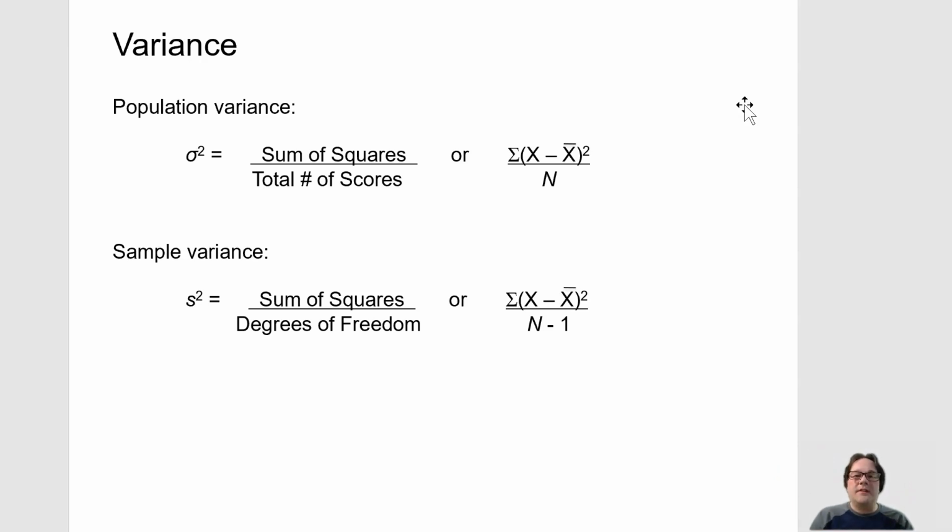So instead of dividing by n, we divide by n minus 1 as a way to help account for some of the error that might have happened. Well, not might have, that almost definitely happened when we collected our sample. So dividing by n minus 1 is actually going to make your sample variance higher than it would be if you only divided by n.